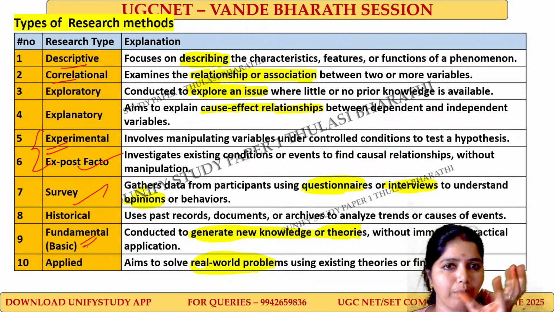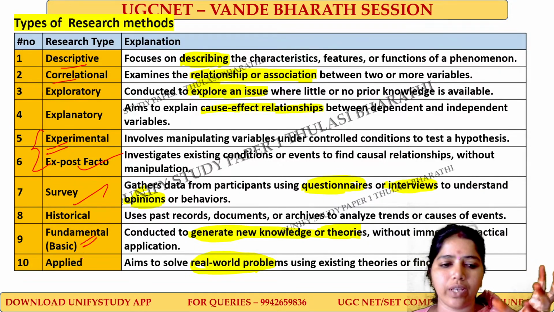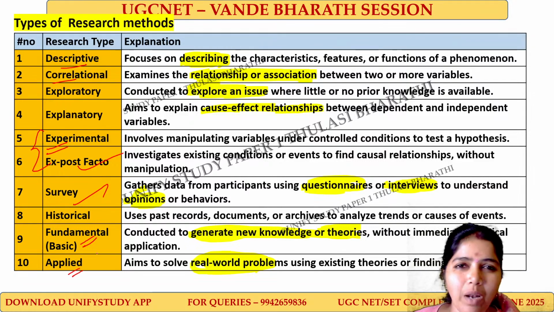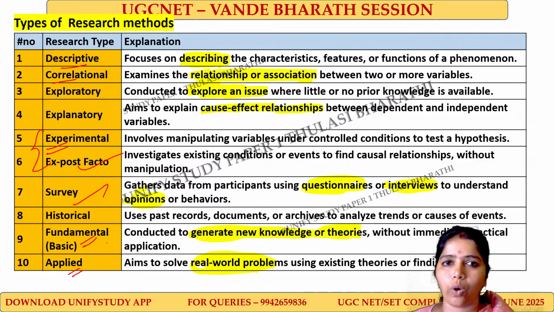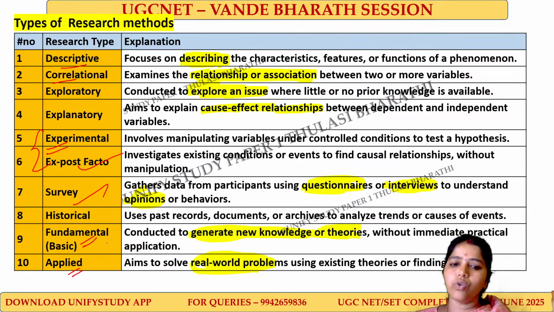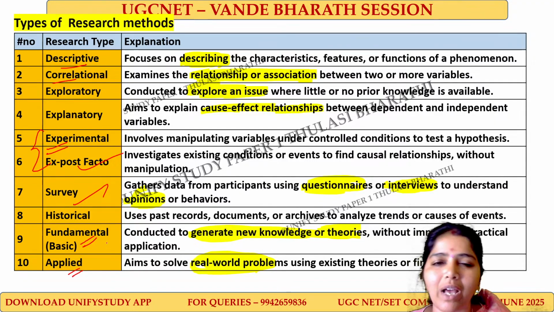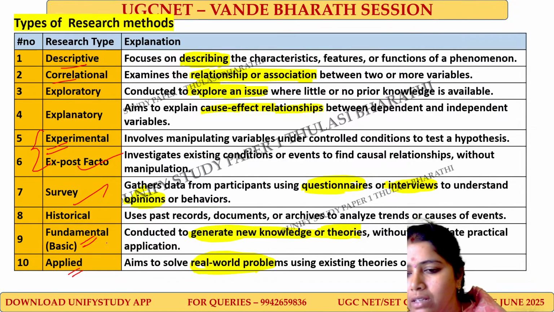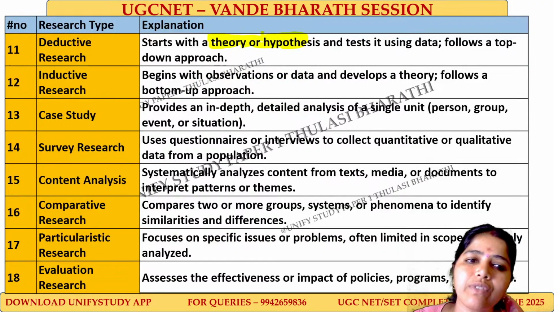Fundamental research, like the bulb, generates new knowledge or theory. Applied research: that bulb we are not using now in the same form that Thomas Alva Edison invented. We are using it in different forms, applying this skill to real life problems. Applied research. Next, deductive, THOC.